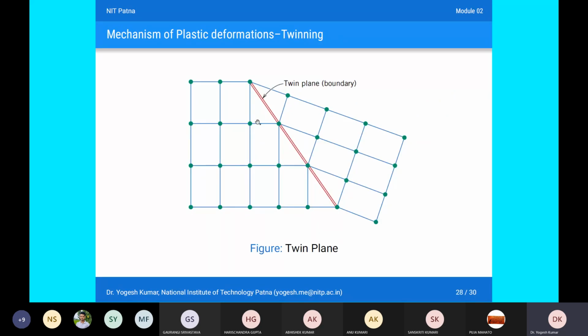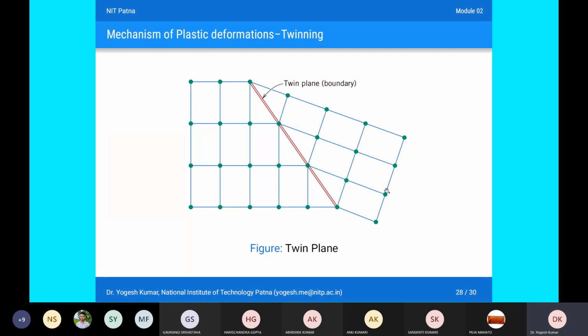Let us see what twinning is. Under twinning, we have some kind of crystal structure in which we are able to find a line such that one side of the crystal structure is a mirror image of the other side.